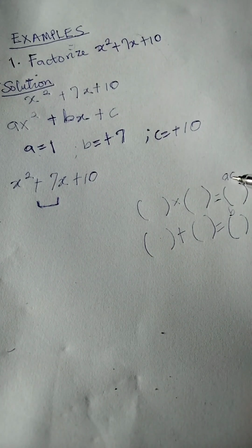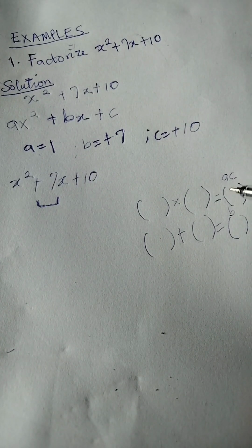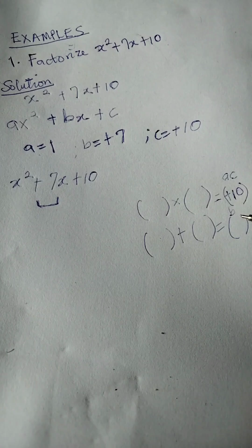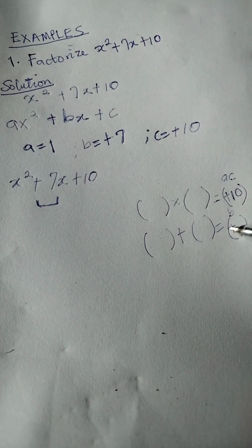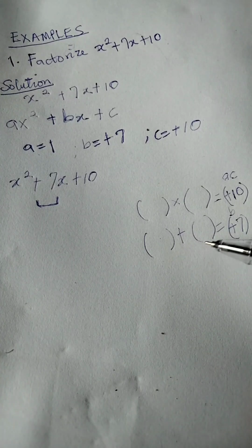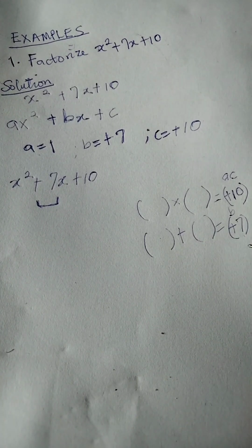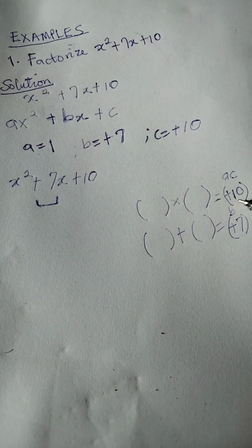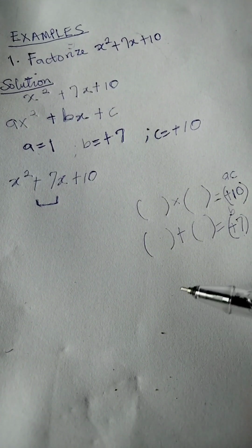Now what is the product of a and c? a is 1, c is plus 10. So the product is plus 10, which is 1 times plus 10. Now our b here is plus 7, right? So we are looking for two numbers that we can multiply together to give us plus 10, and that we can add to give us plus 7. The first thing that comes to mind is, what are the multiples of 10?